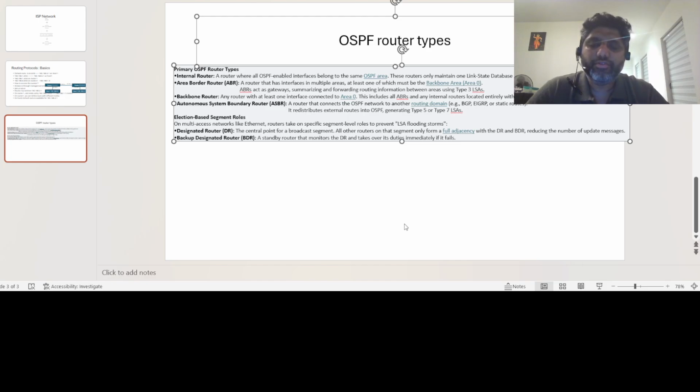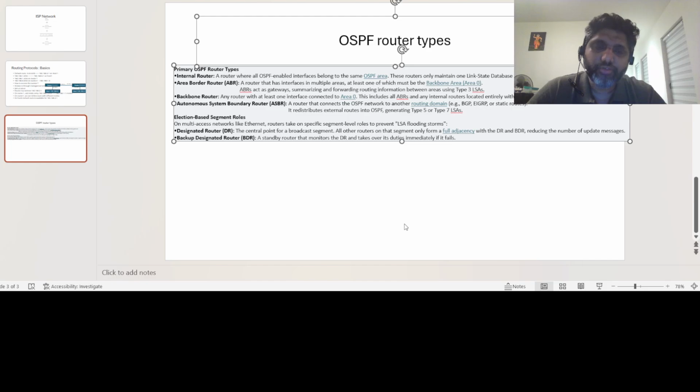So to explain in very basic terms, you have three places, for example, Bengaluru, Mysuru, Mangaluru, right? These are three cities in the state of Karnataka in India. So if Bengaluru is the backbone area, then the routes in Mangaluru should pass through Bengaluru and then to Mysuru.